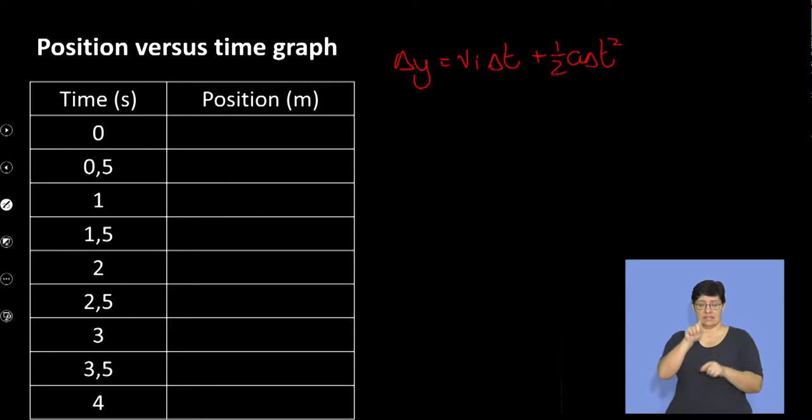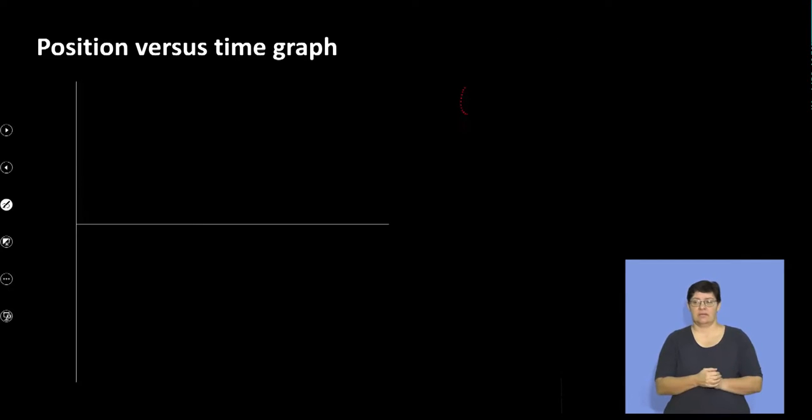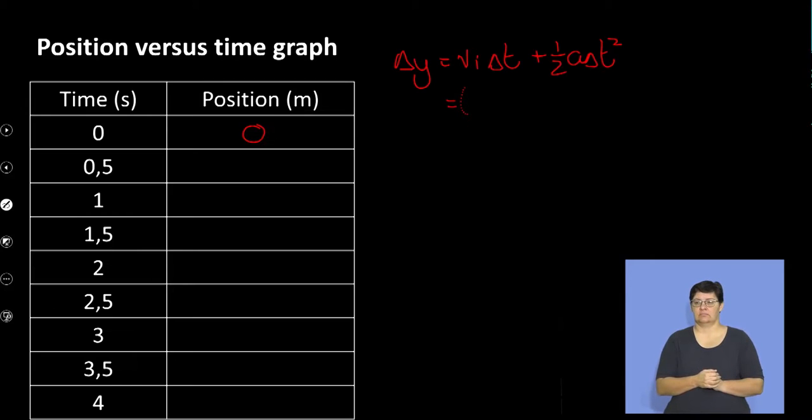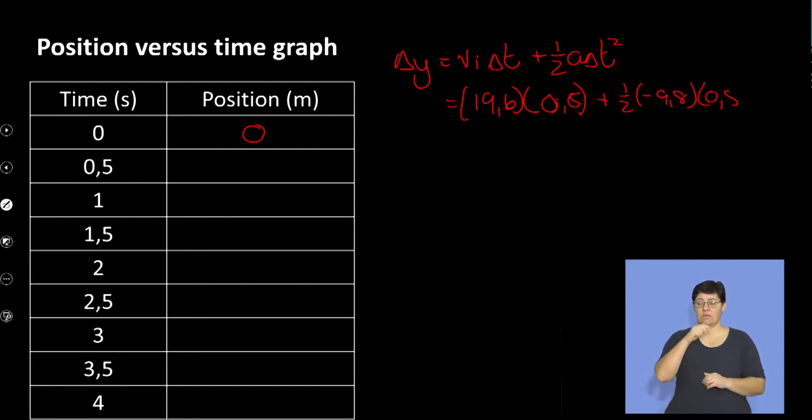And we would do exactly the same thing as we did last time. Now, first of all, position when it's 0 is 0. It hasn't moved, okay? So 19.6 times 0.5 plus a half minus 9.8 times 0.5 squared.